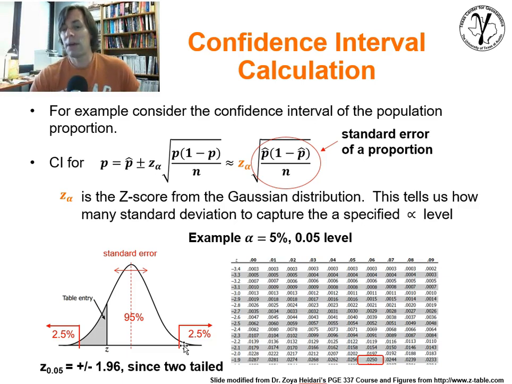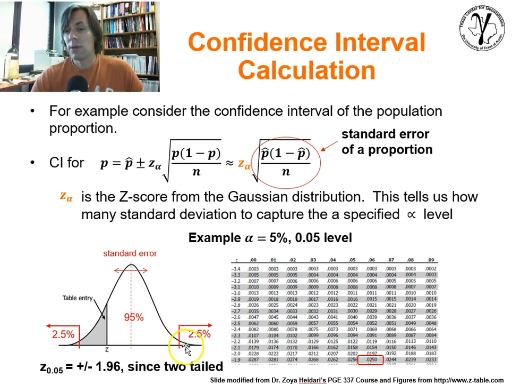So at our level of 5%, we have to divide that 5%. And so we want the tail up to 2.5%. Effectively, we're just calculating the P2.5, or the 2.5 percentile from the Gaussian distribution. That's all we're doing from this table, and we're just looking it up.